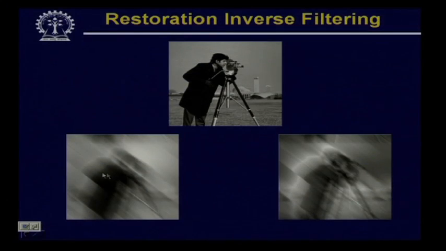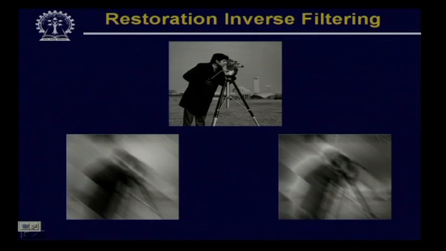On the topmost one, this is the original image. On the left, we have shown the degraded image, and the rightmost one on the bottom is the restored image obtained using direct inverse filtering, and the blurring considered in this particular case is the motion blur.